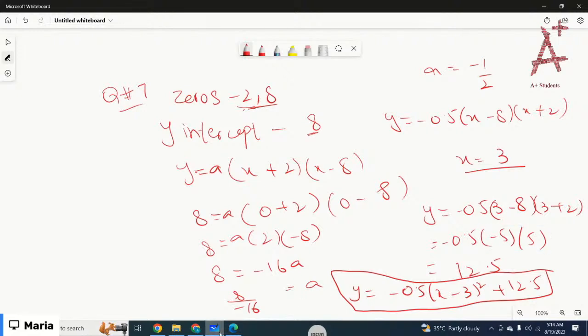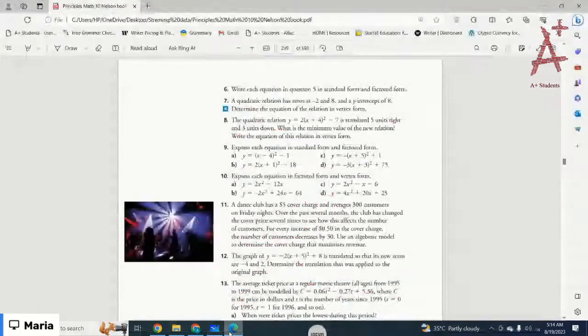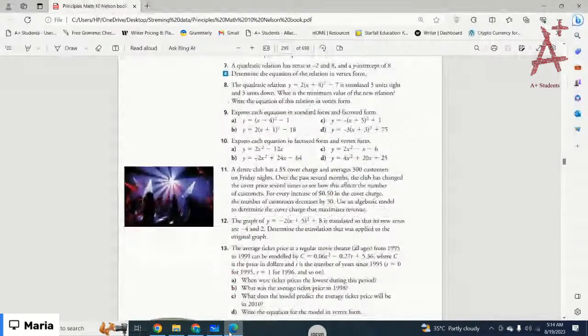Okay, let's start with question number 9. Express each equation in standard form and factored form. The first one is y equals x minus 4 whole square minus 1.